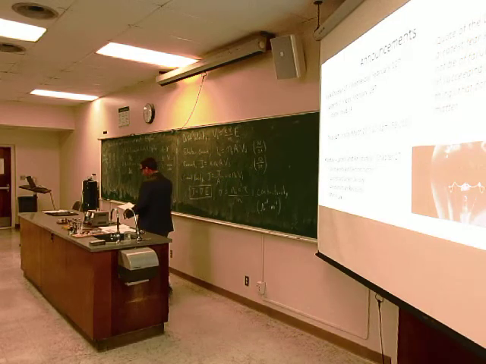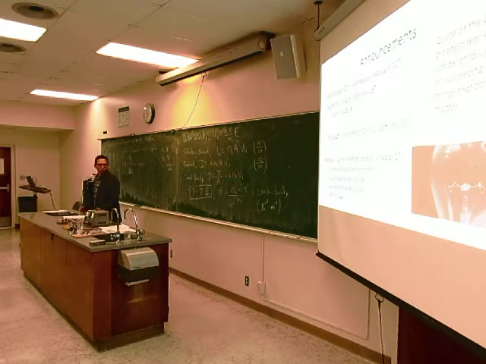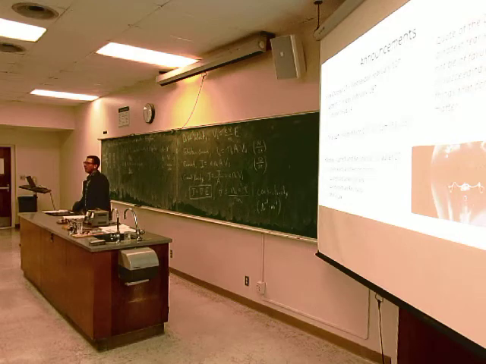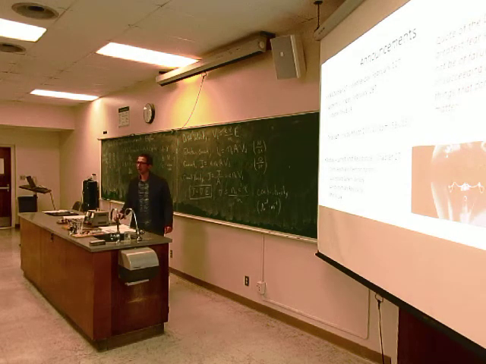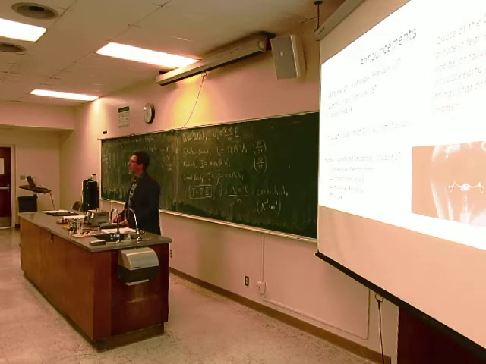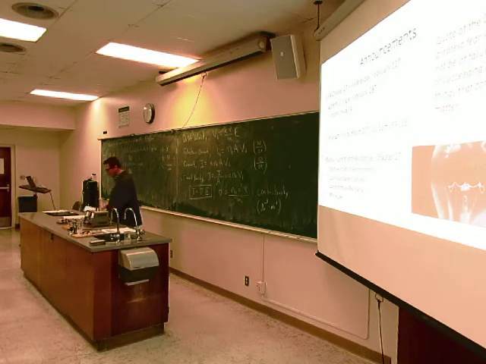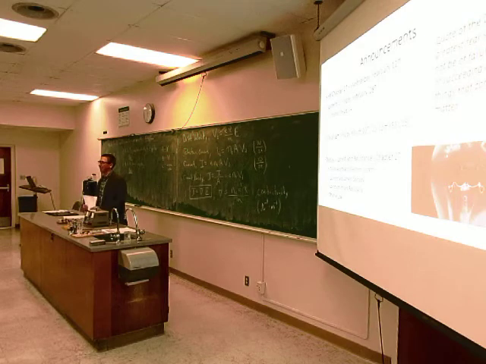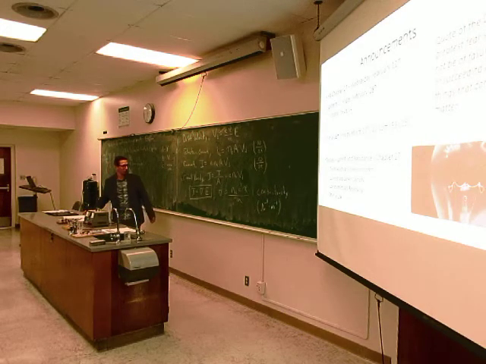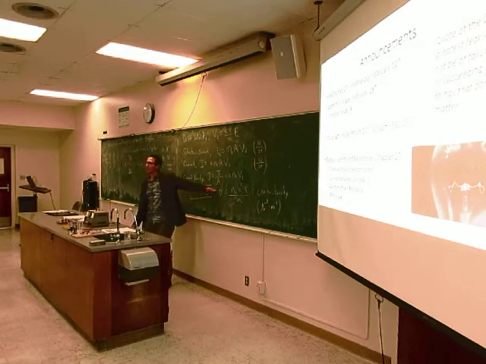So what is conductivity really a measure of? Conductivity is a measure of how eager electrons are to move in response to an electric field. If electrons are really eager to move in response to an electric field, you're going to have a high conductivity. What are some things that affect this conductivity?